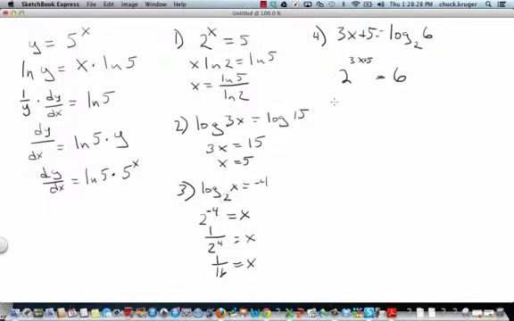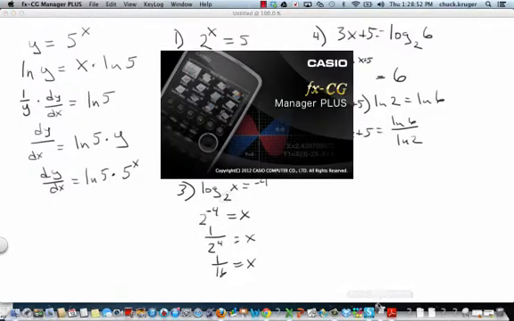And so I'm going to take the natural log of both sides and have 3x plus 5 times the natural log of 2 equals the natural log of 6. So 3x plus 5 is equal to the natural log of 6 divided by the natural log of 2. I'm now going to figure out that decimal equivalent on my calculator.